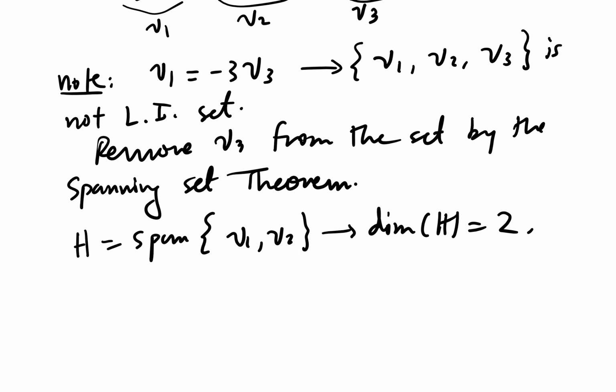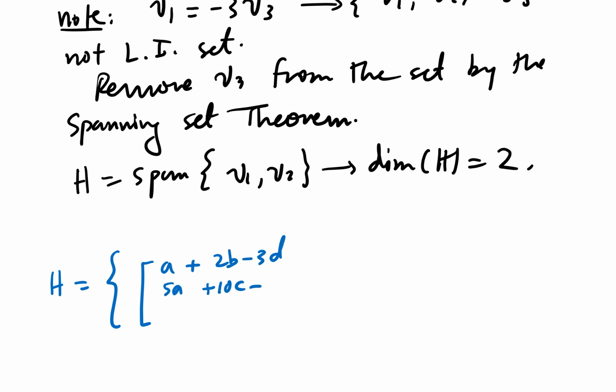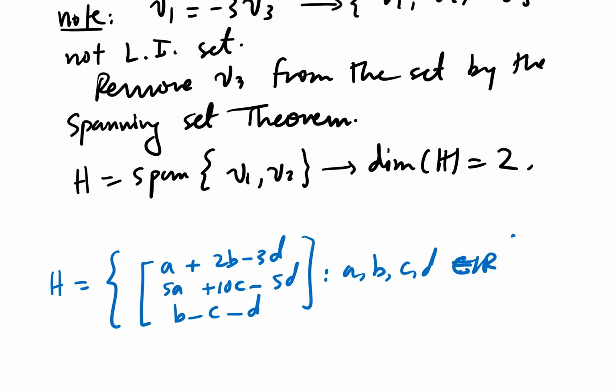So this was by inspection. How about if we look at another set, say A plus 2B minus 3D, 5A plus 10C minus 5D, and B minus C minus D, such that A, B, C, D are all real numbers.